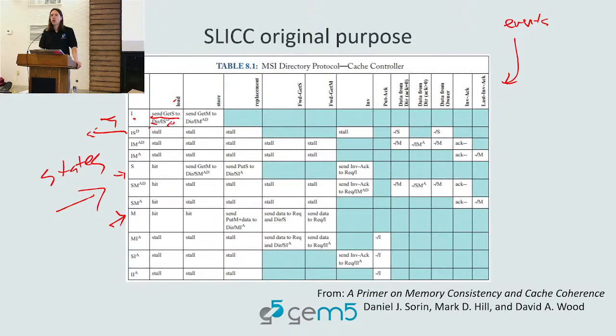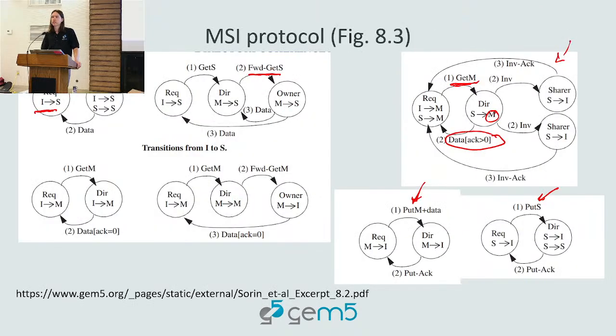So if we look at our table that we're trying to implement, or maybe better, we can look at this. This is the protocol we're trying to implement. The kinds of requests that we need to make are going to be get s, get m, put m, and put s.